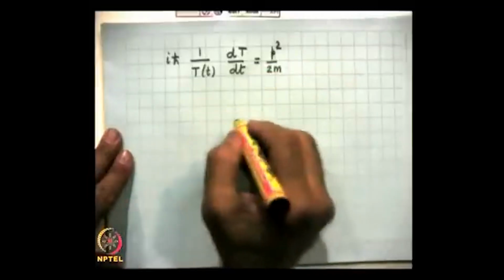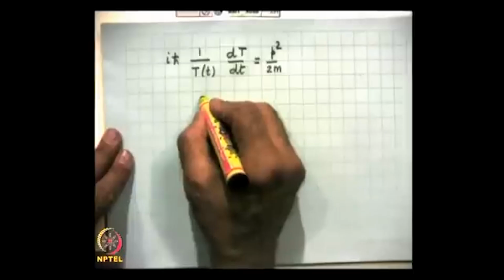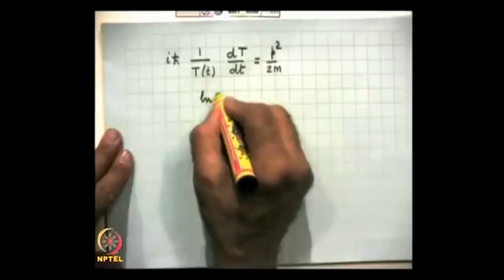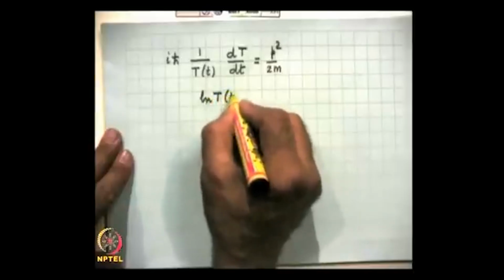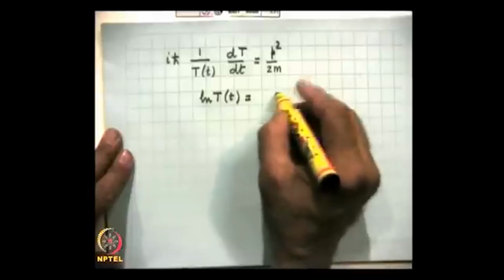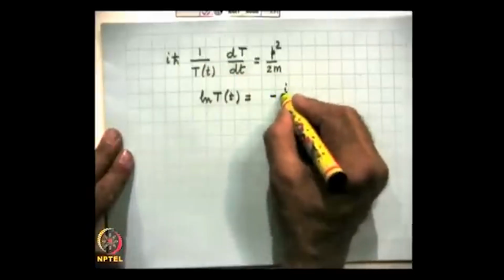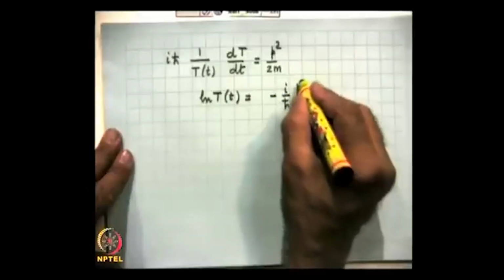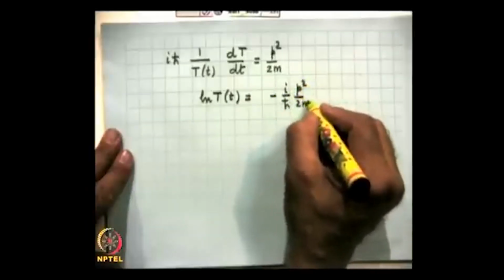So, if you integrate this out, you get log of T is equal to some constant plus minus i by h cross p square by 2m into t.